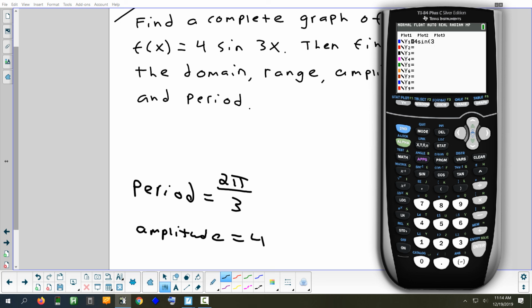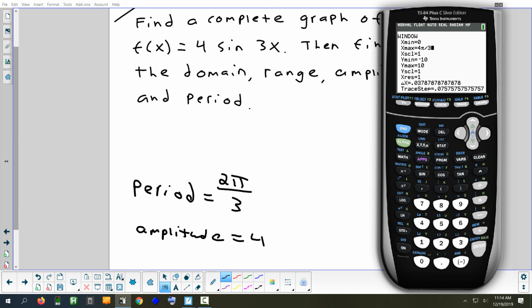So, can anybody tell me what the width would have to be of my window in order to show 2 cycles? 4 pi over 3. Yep. It'd be double 1 cycle. So, one way to set a window of 4 pi over 3 is to go 0 to 4 pi over 3, like that.